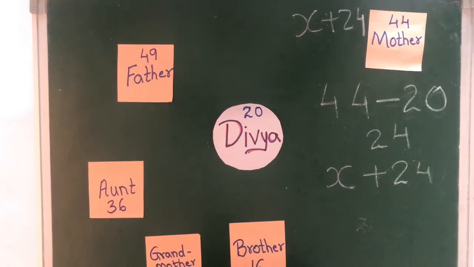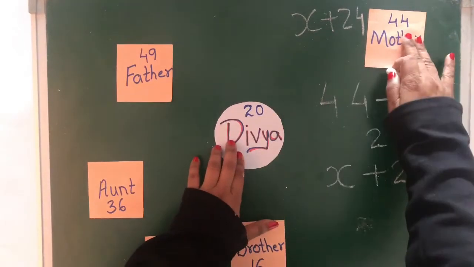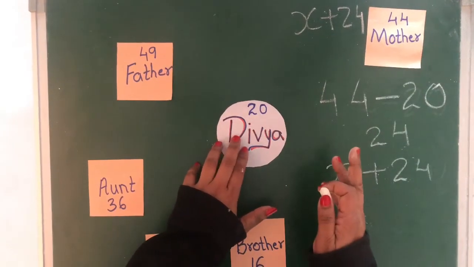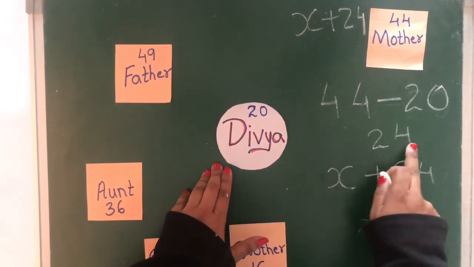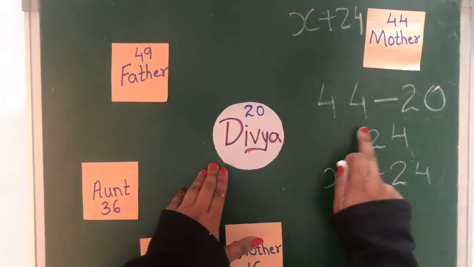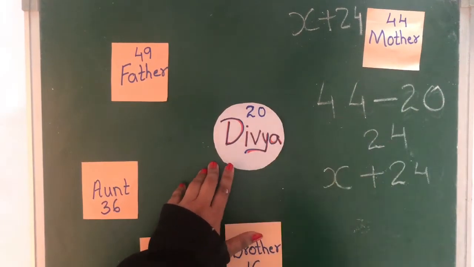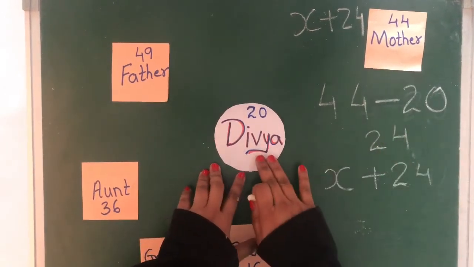This is a very simple expression, and I can find out mother's age if I know Divya's age. I can find one more relationship between Divya's age and her mother's age. If you see, 24 years is the difference. So if I multiply Divya's age 2 times, that is twice, it will become 40.